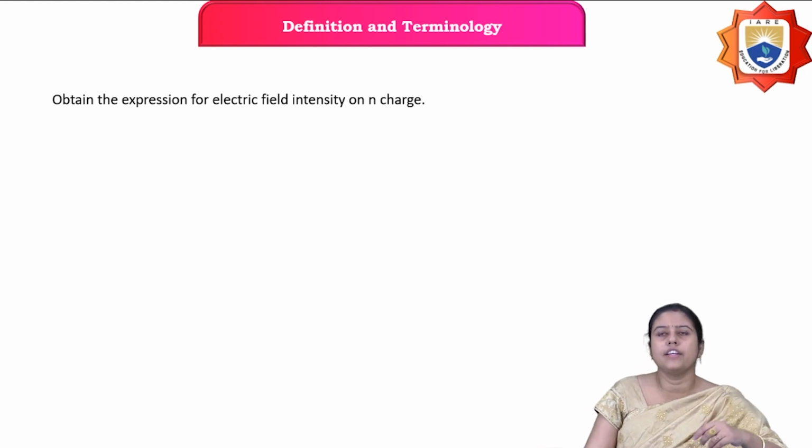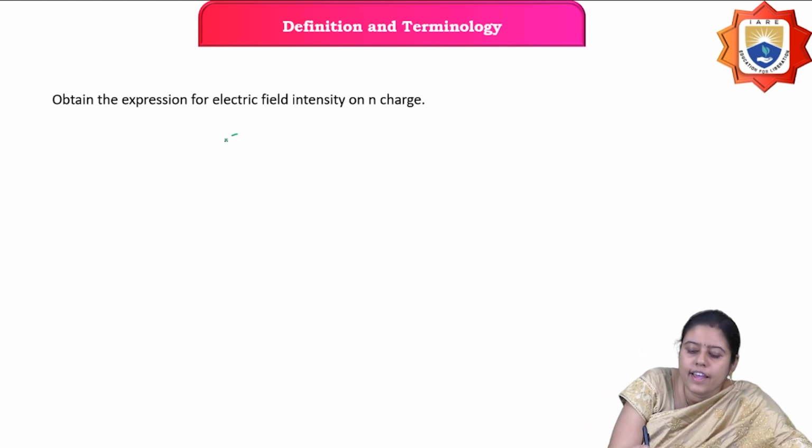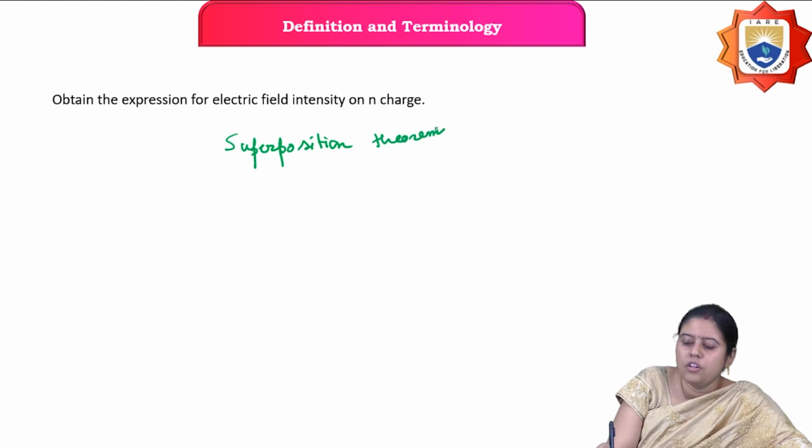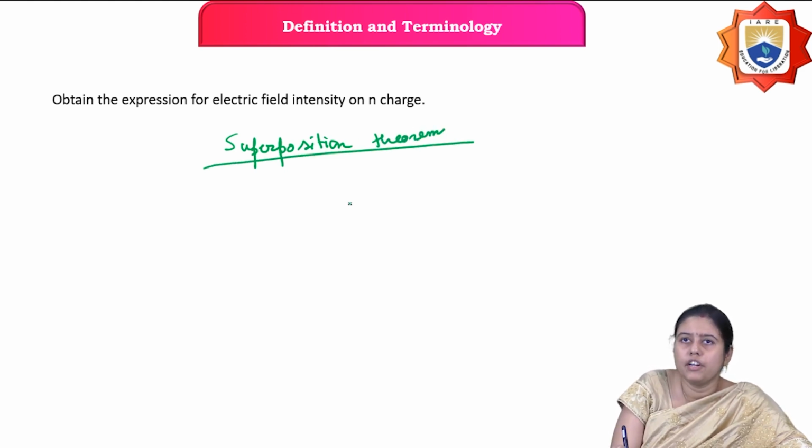Obtain the electric field intensity from the n charges. Here we use the superposition theorem. So what does the superposition theorem tell?